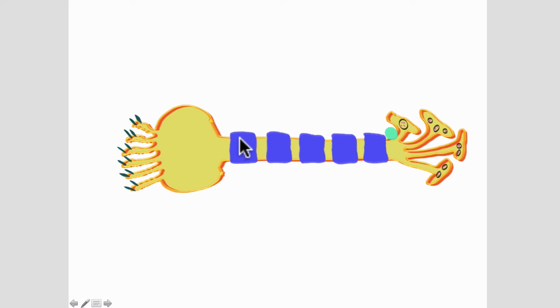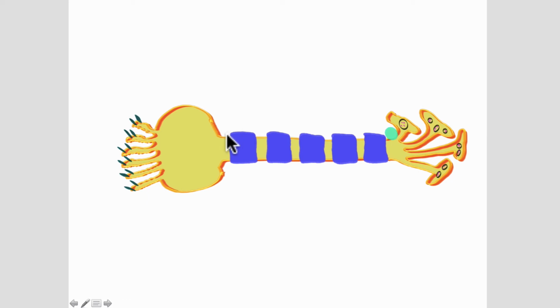And what the myelin sheaths allow for is that electrical activity jumps from one node of Ranvier to the next node of Ranvier, and that's where it activates the voltage-gated sodium channels. The myelin sheaths achieve two things, which are really two sides of the same coin.